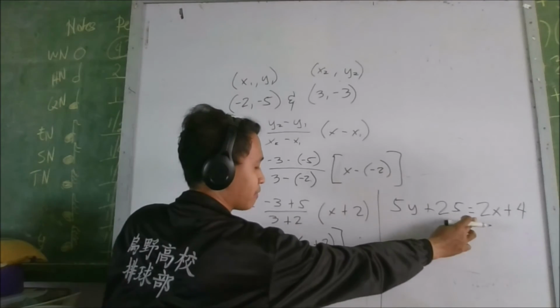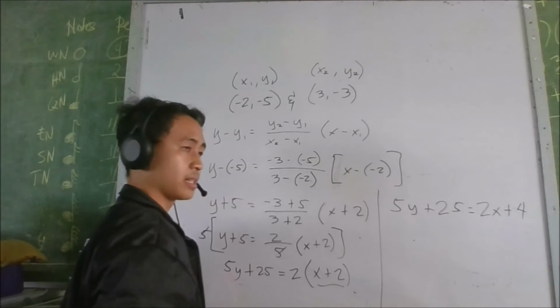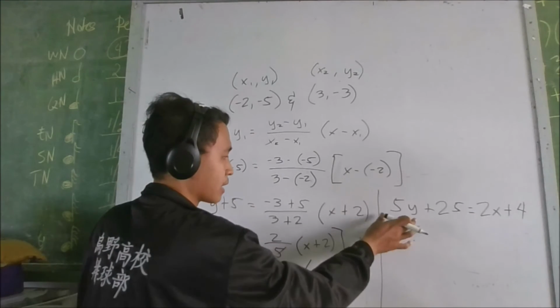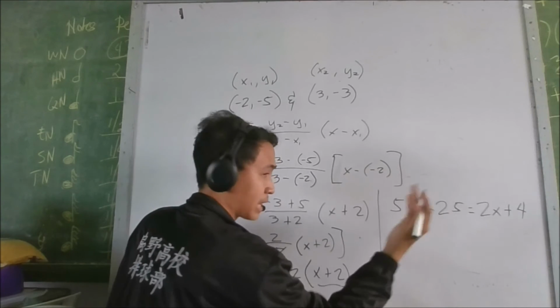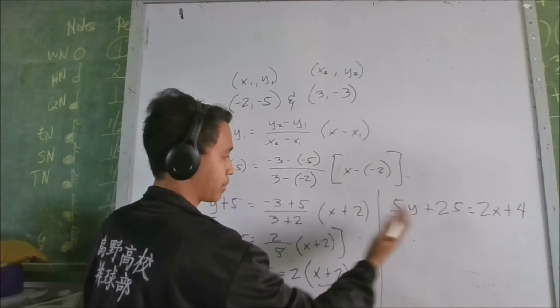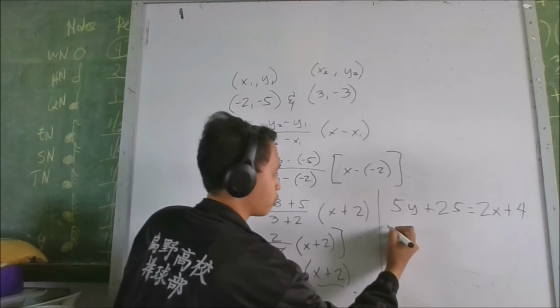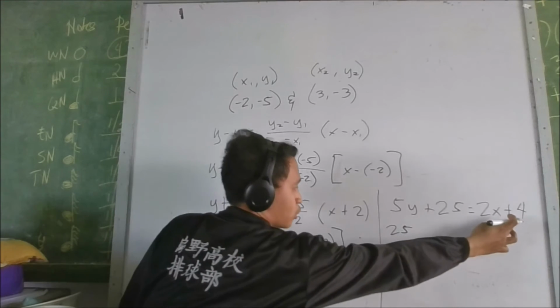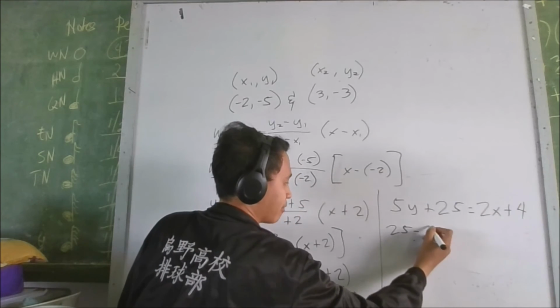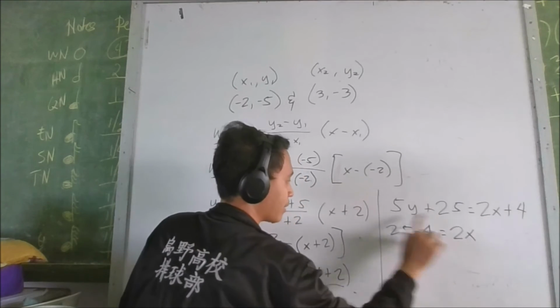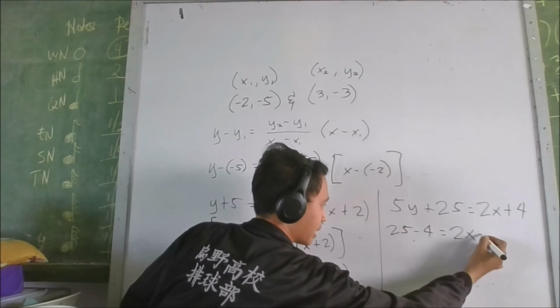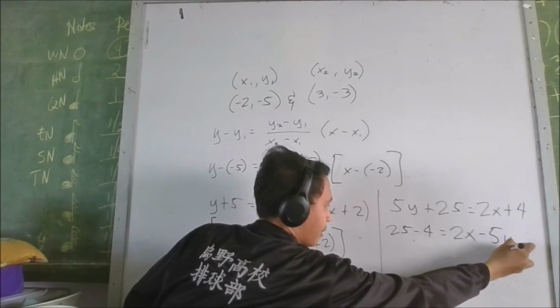So since positive dito yung x, again yung target natin is dapat positive yung x, transpose natin yung 5y to the other side. So matitira, or lahat ng constant dito sa kabila, dito na part, dito na side. Okay? So that would be 25. Transpose yung positive 4 magiging negative 4. That would be equal to, copy 2x. Then 5y from positive magiging negative 5y.